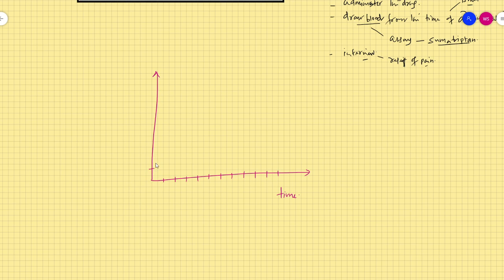And on the y-axis, we're going to plot the concentration of the drug. So this is concentration of the drug in blood, and this is the time. This is 30 minutes.